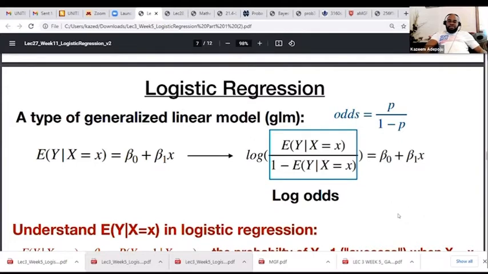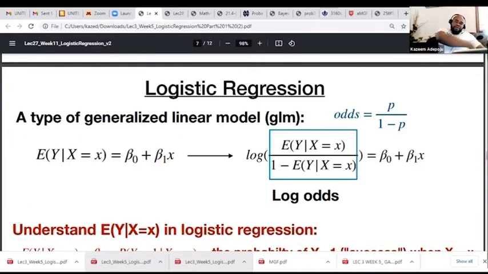Then we're going to use logistic regression. But what is the origin of logistic regression? I'm going to derive that for you right now. I want to say logistic regression actually comes from linear regression.